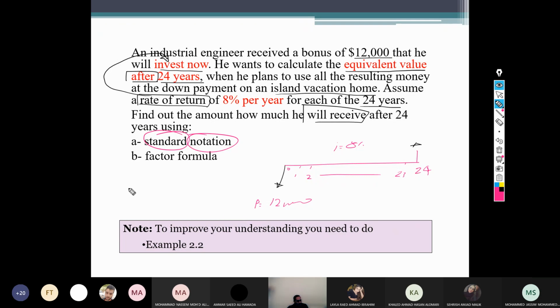What I'm trying to find out, automatically, without looking at F, put F here. Slash, given. What's i?